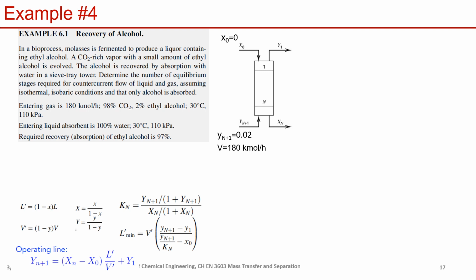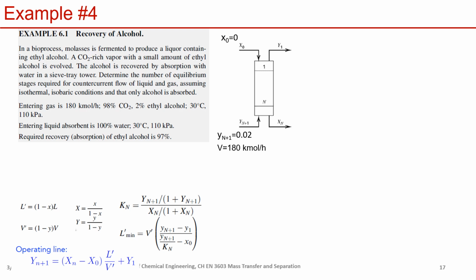That's V here, and this is the mole fraction of your solvent in your gas phase, because it's alcohol vapor dissolved in CO2 gas, right? So that's 98%, which means your alcohol mole fraction is 2%, at 30 degrees C and 110 kilopascal.